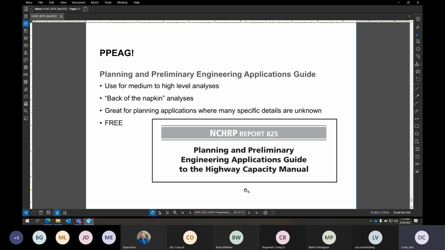It's NCHRP Report 825. If you do traffic analyses and you don't know about this, I recommend just taking a look, and you might find a way to incorporate this, and it's a whole lot easier to do some quick analyses that may be more appropriate than doing a full-blown analysis using the HCM.